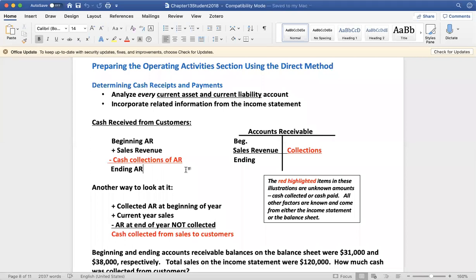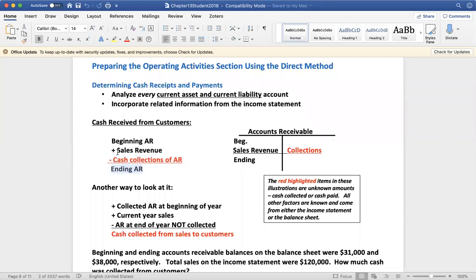However, we may not have this at the end of the period, because some customers may pay us back, and then we would like to see this number. So cash collections from accounts receivable are actually going to be used in our direct method of cash flows. And then how can we know the amount of cash we collect from our customers? We have the ending accounts receivable, right?